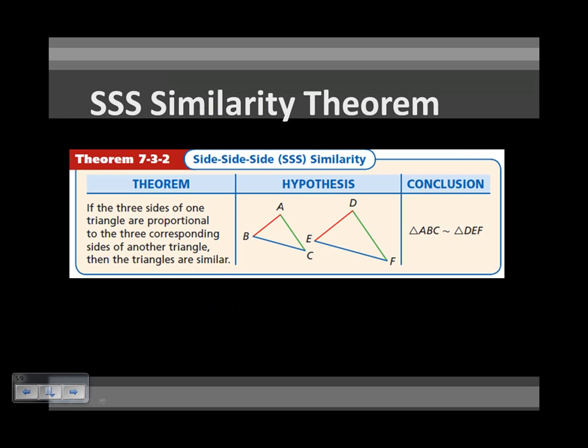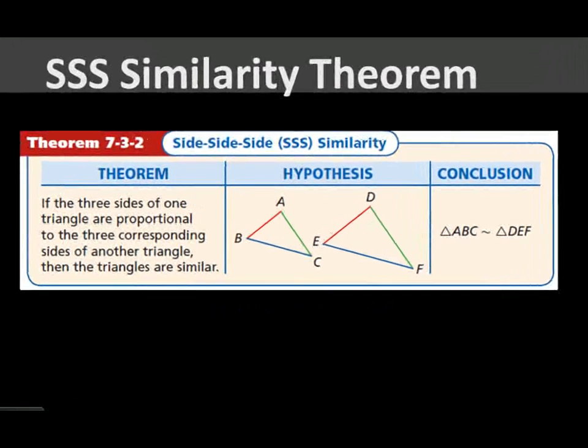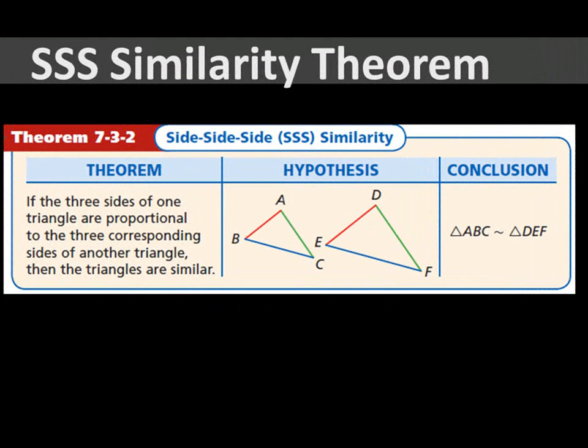Now, the next thing we're going to look at is a similarity theorem, the side similarity theorem. And this one says exactly what you think it might say, except instead of that word congruence that we used with the side congruence theorem, because this is a similarity theorem, instead of saying that the sides have to be congruent, we're saying that the sides are proportional.